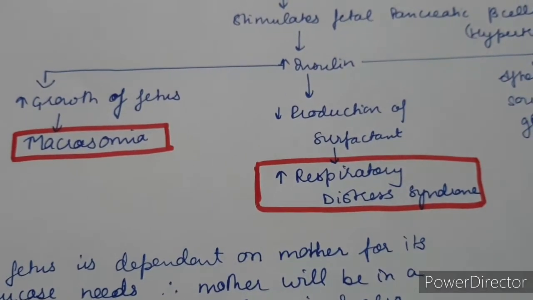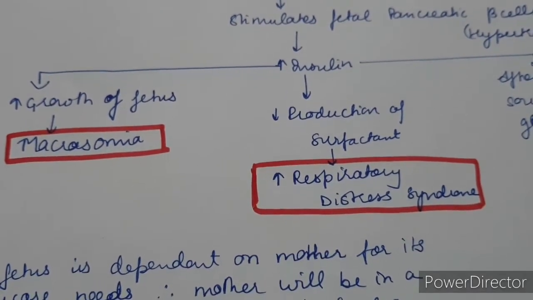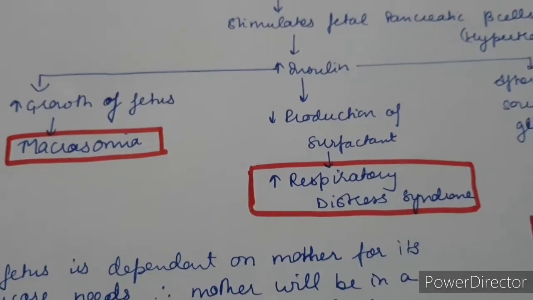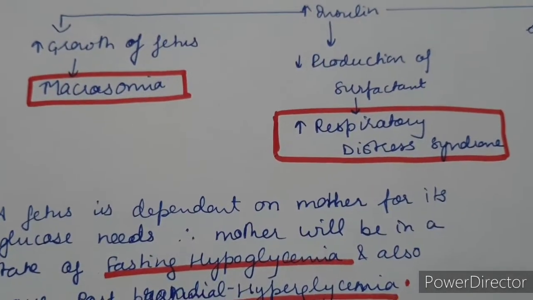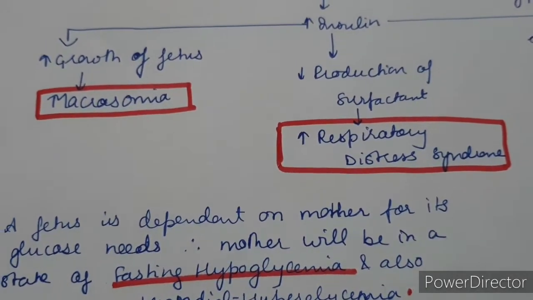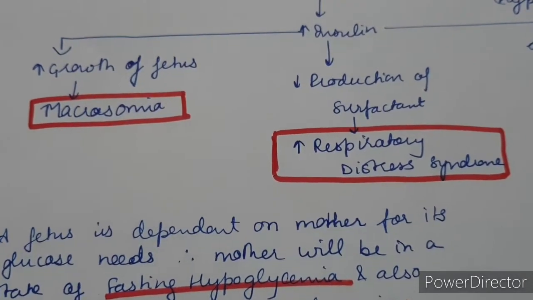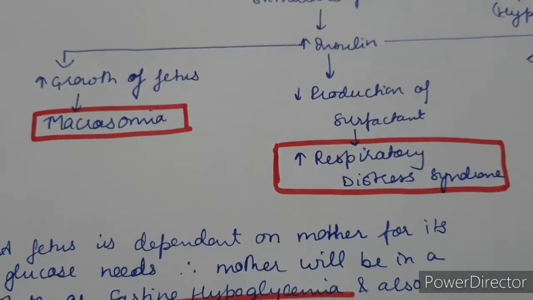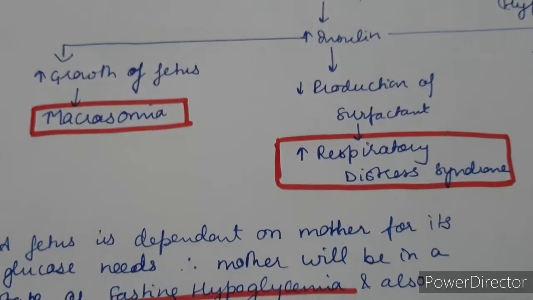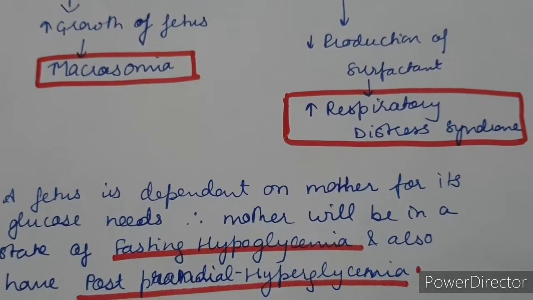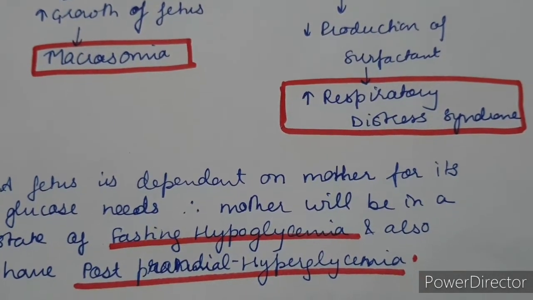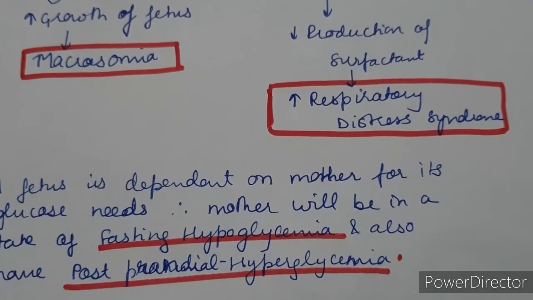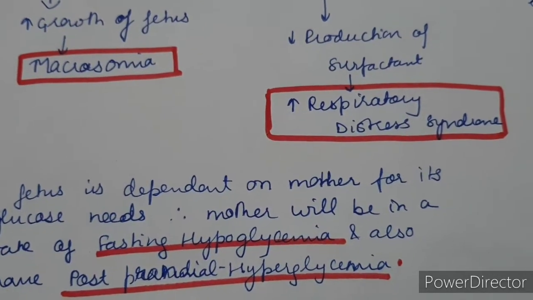So the mother goes into a state of fasting hypoglycemia. Now after eating food, that is postprandial, the mother gets hyperglycemia because of insulin resistance, and glucose is not utilized immediately, and slowly it goes into the fetus. So these 2 points you have to remember: the mother is in a state of fasting hypoglycemia, and after eating, that is postprandial, she is in a state of hyperglycemia.